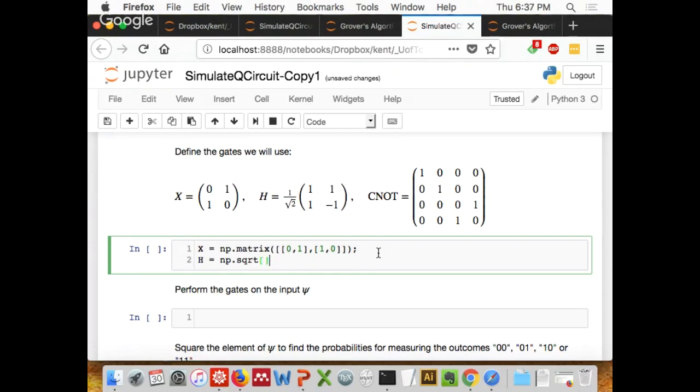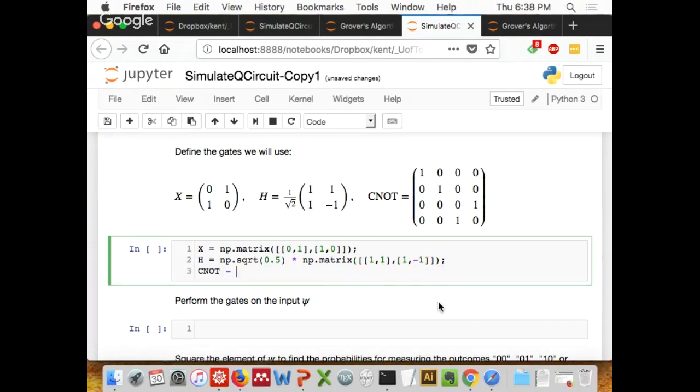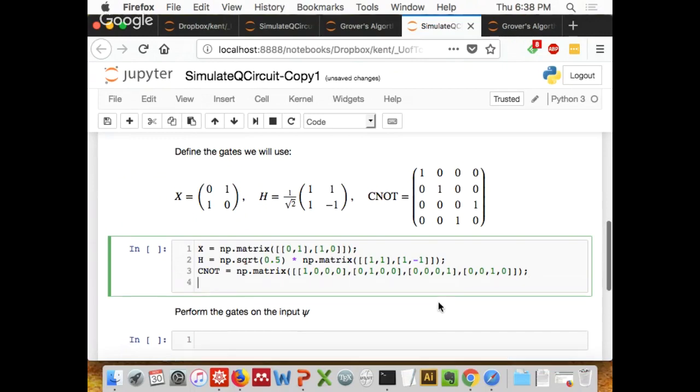Oh, that's square brackets. Okay, and the C0 is a bigger one.